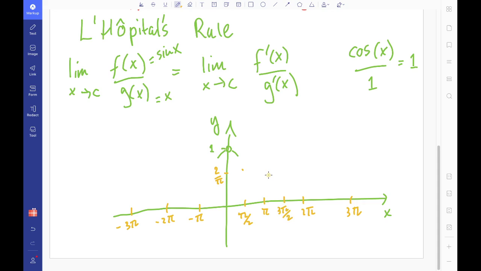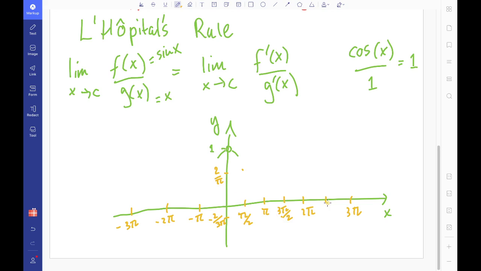At 3 pi over 2, sine is negative 1, so we would get negative 1 over 3 pi over 2, which is negative 2 over 3 pi. Negative 2 over 3 pi is approximately negative 2 over 9. I'm going to put that there, but maybe a bit smaller.